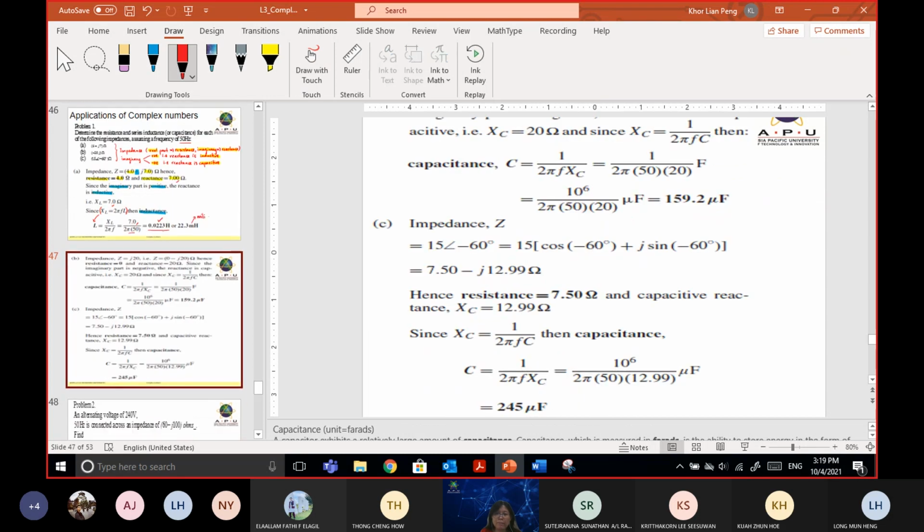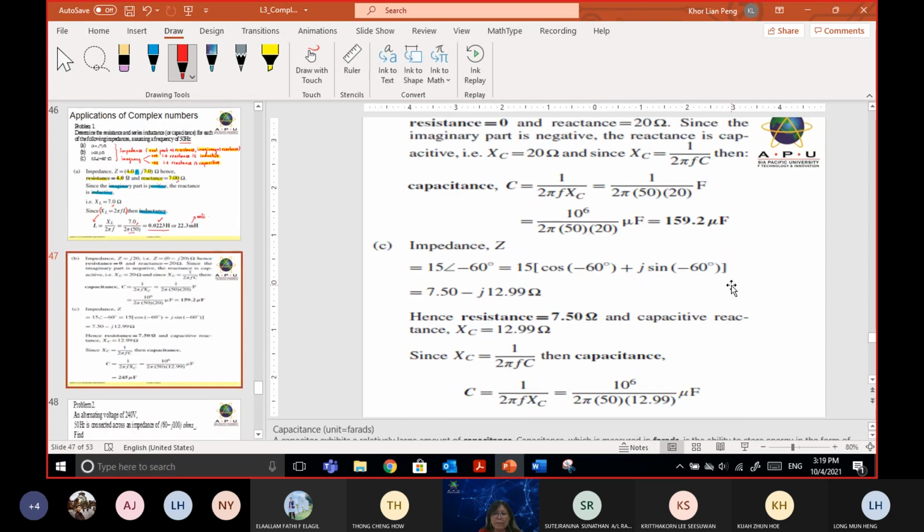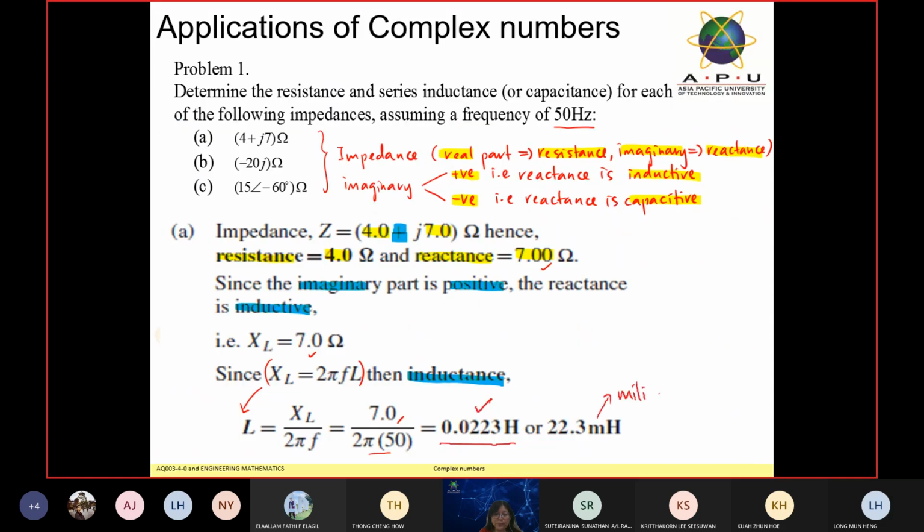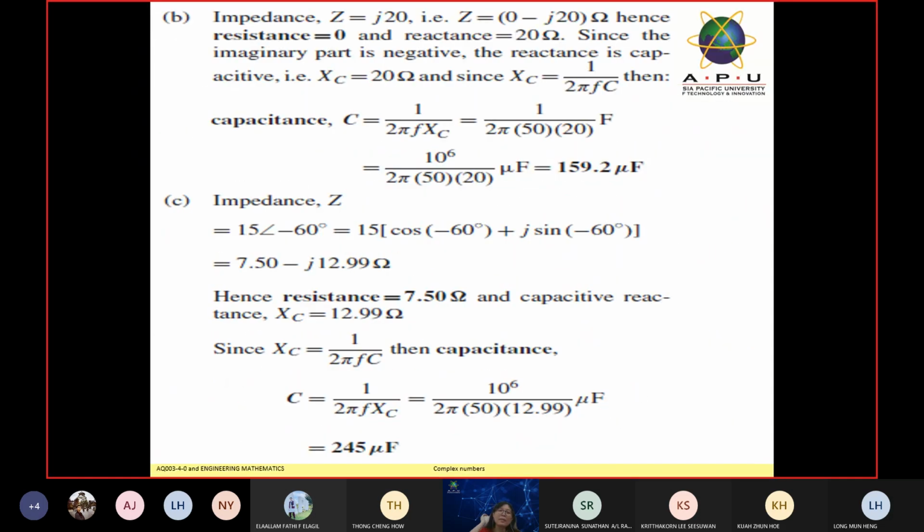B and C are other complex numbers. Coming to part B, there's another impedance given as J20. There's no real part, it is 0, so the resistance will be 0. Because the real part is 0, the reactance is 20, because the imaginary part is 20.